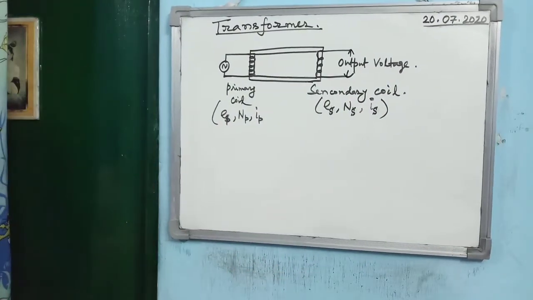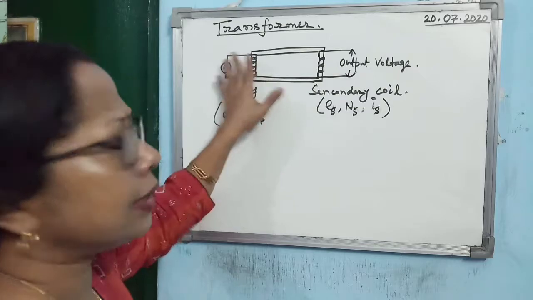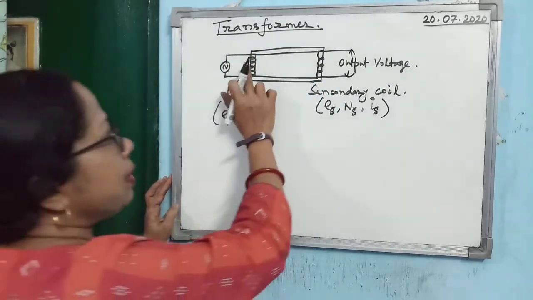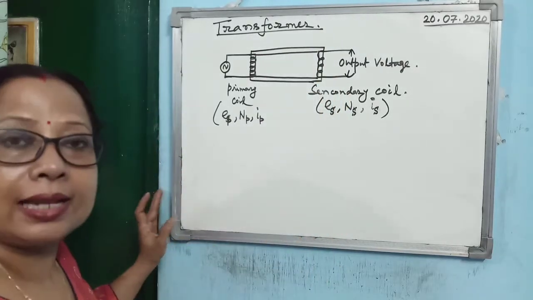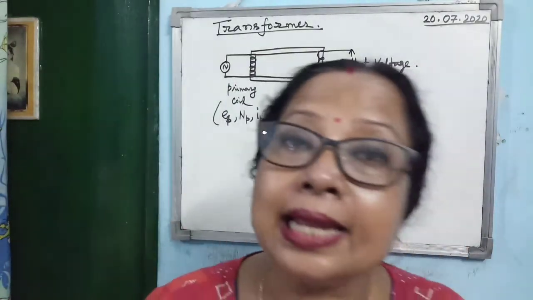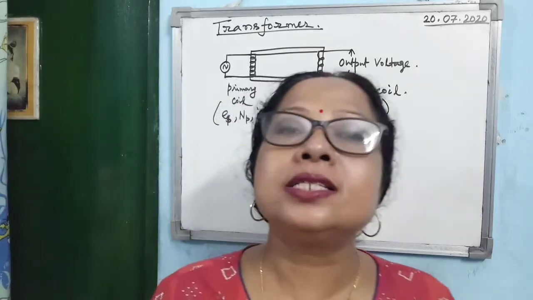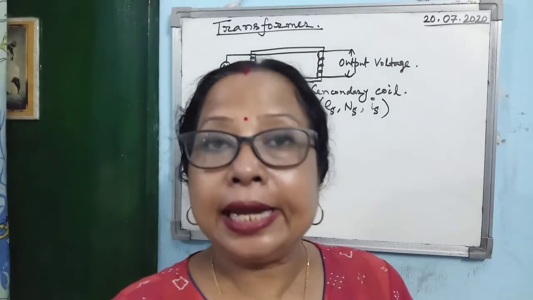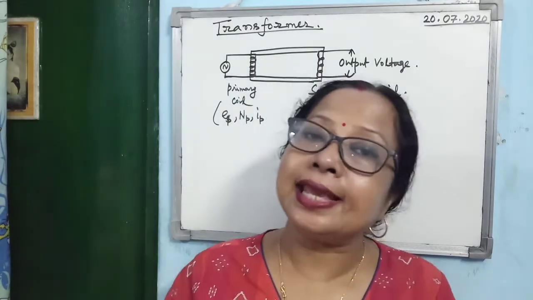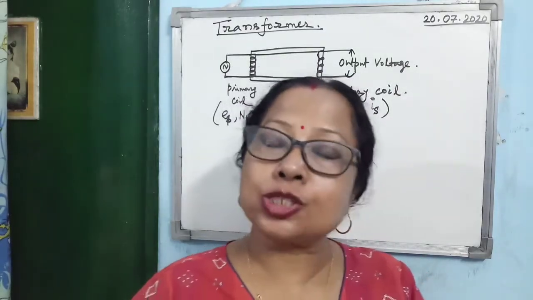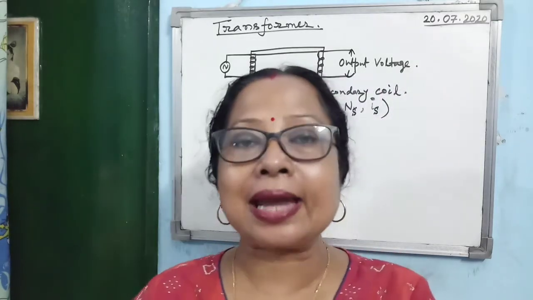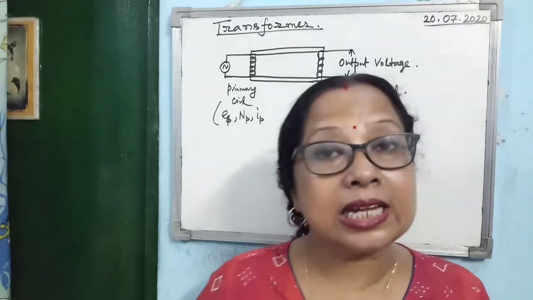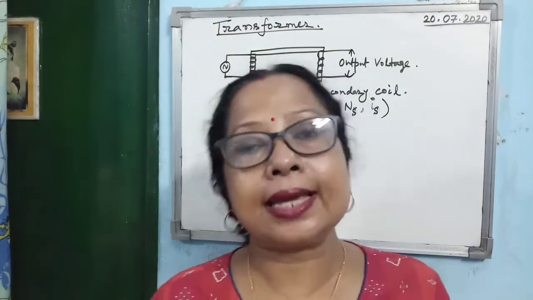Now, if you consider the structure of the transformer, it is made in such a way that the primary coil and the secondary coil are magnetically coupled with each other. What is the meaning of this sentence I have said? Magnetically coupled with each other. It means the entire magnetic flux linked with the primary is linked with that of the secondary coil.